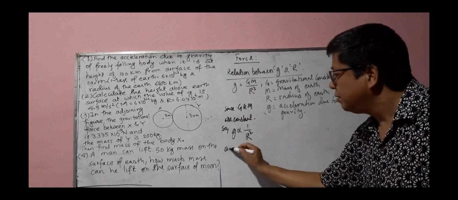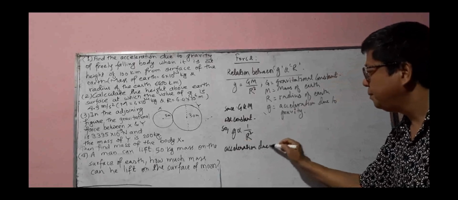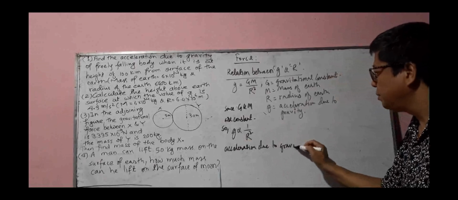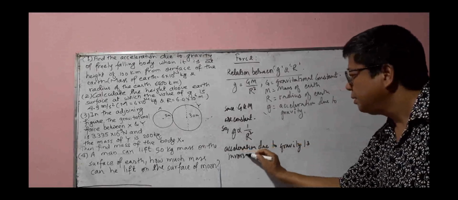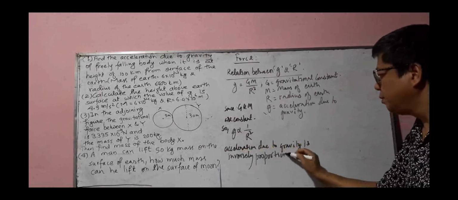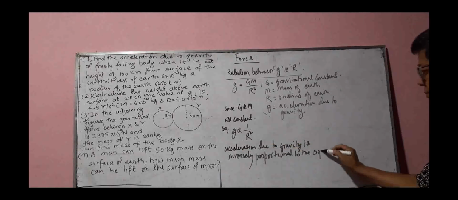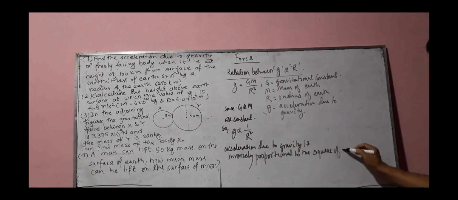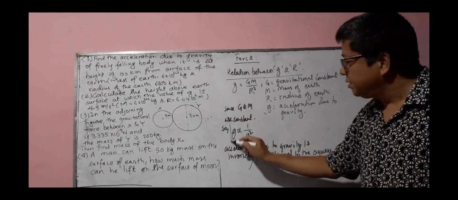So acceleration due to gravity is inversely proportional to the square of radius of the Earth.